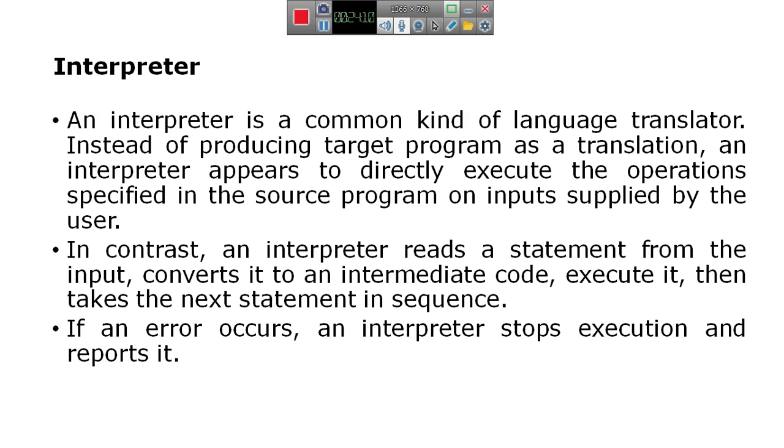In a simple way, we can say that an interpreter is a kind of language translator.